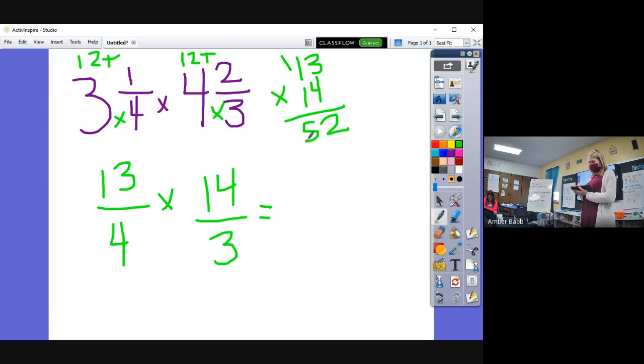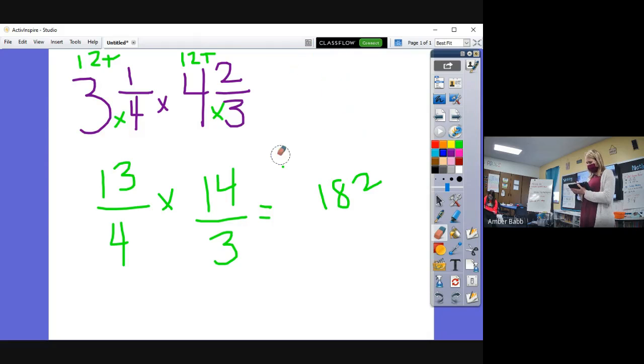What do I do here? You add a 0. Put a 0 placeholder. Good. 1 times 3. 1 times 1. All right. So then I add. All right. So I get 182 as my numerator. I'm just going to leave my 182 right there because that's where the numerator goes. 182 over 12.